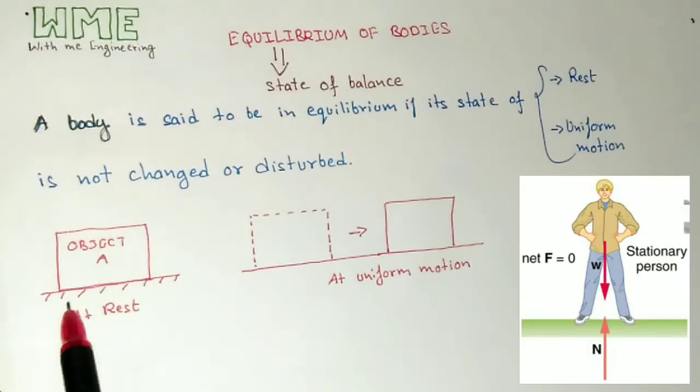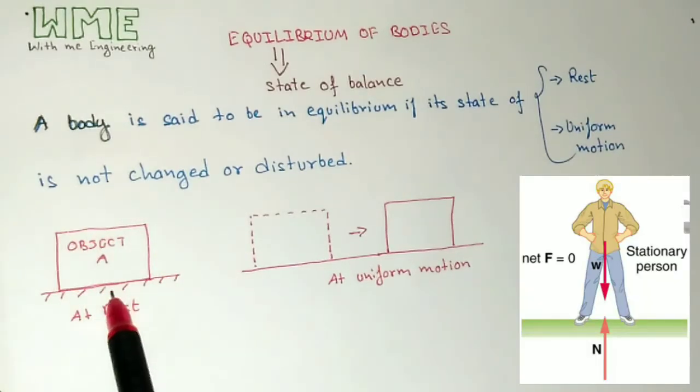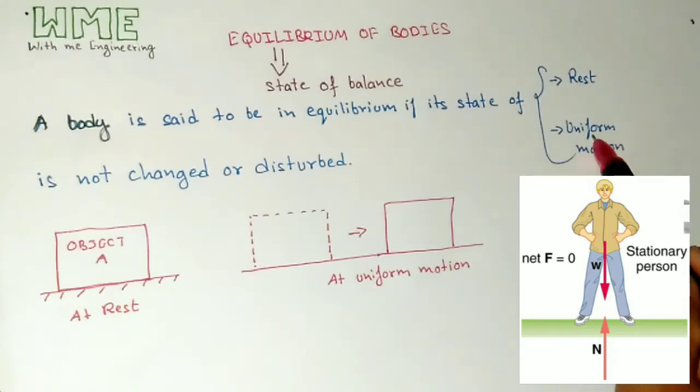If any object or body is at rest and it is not changed, then this body is said to have attained a state of equilibrium.